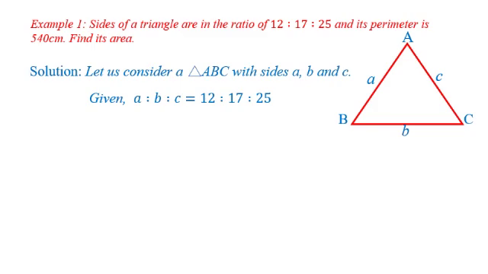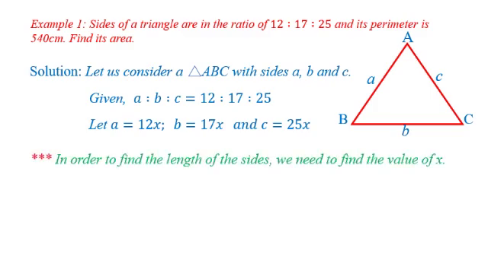Now with the basic knowledge of ratio, we take a as 12x, b as 17x, and c as 25x, where x is a variable that we have associated with these ratios. Now in order to find the sides of this triangle, we need to find the value of x.